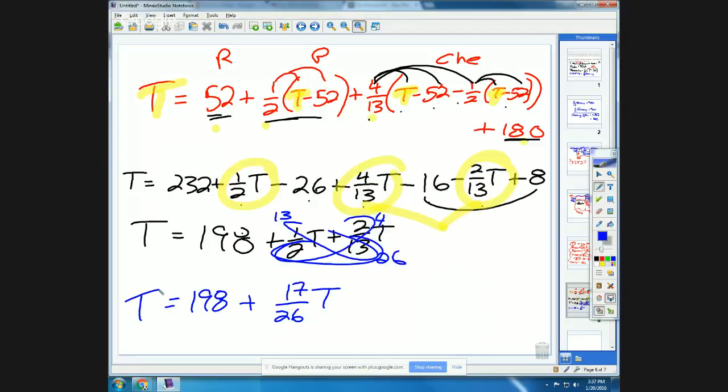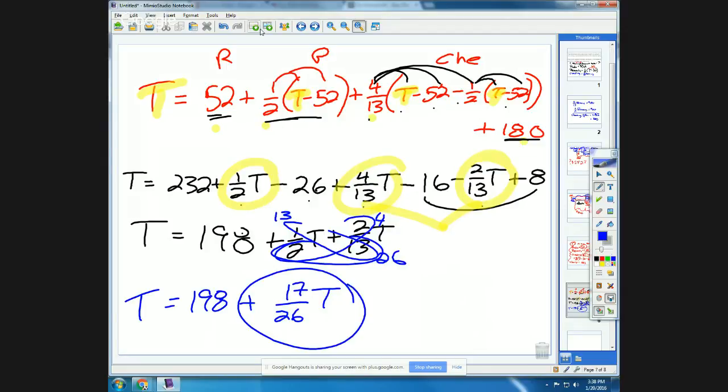All right, what are we going to do next? Yeah, move the t's to the same side. So I would choose to subtract this guy to the other side. So I would have 1t minus 17/26. What's 1 minus 17/26? Can you tell me? 9/26. It would be 9/26, right? Because 26 out of 26 is a whole.